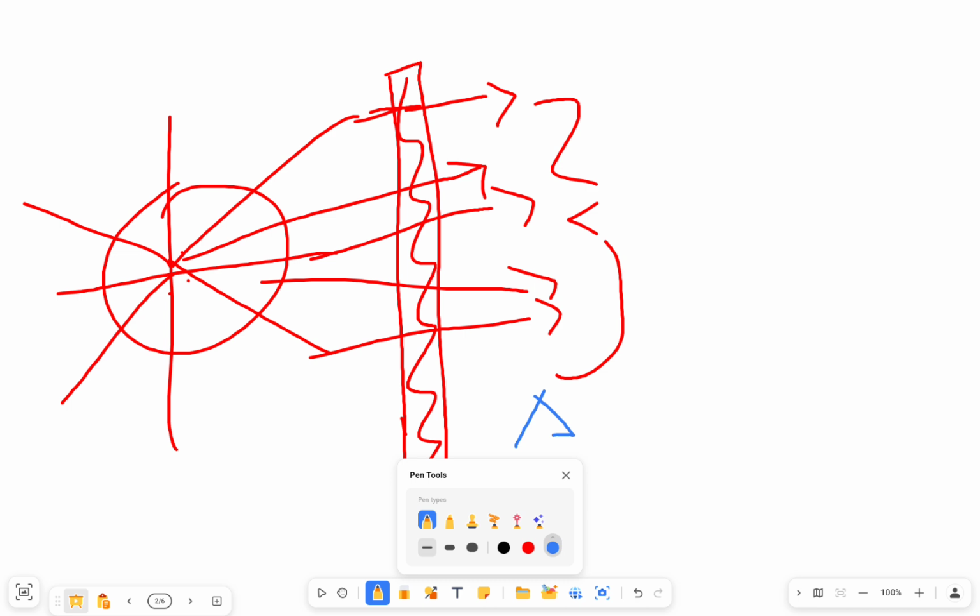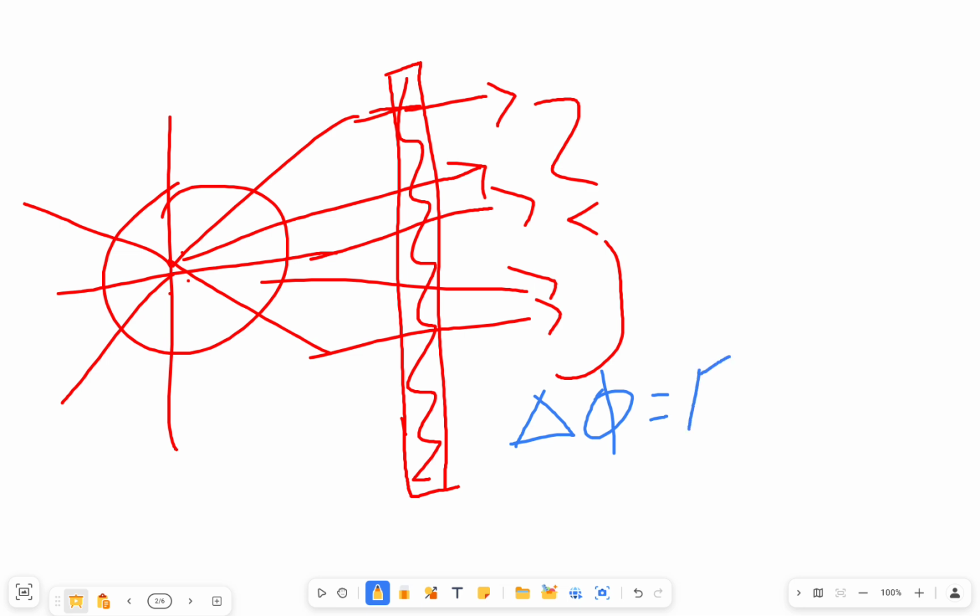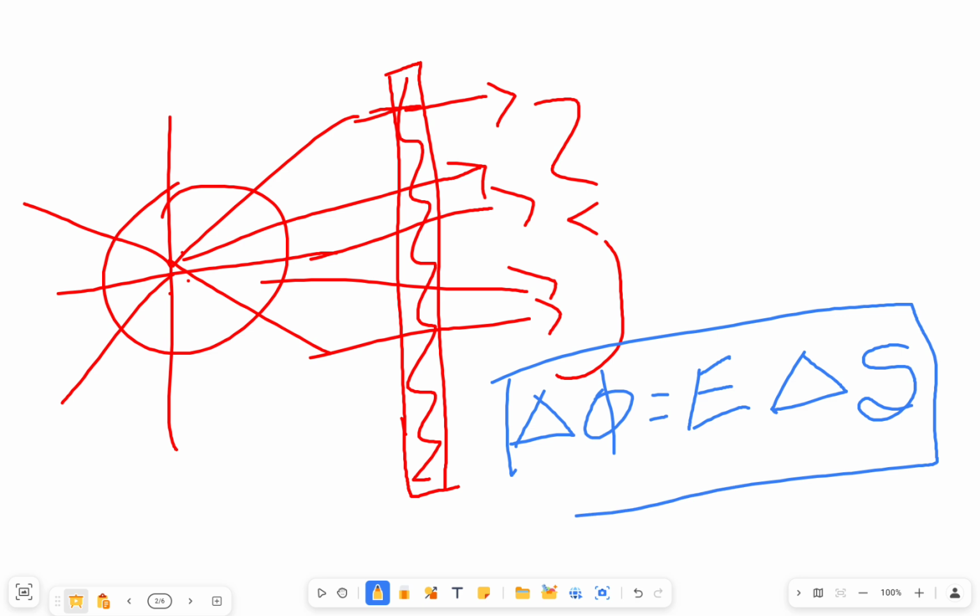Its formula is del phi is equal to electric field, means the electric field that is passing through the surface, into the complete surface area of that object through which those electric field lines are passing. Means del phi is giving us an idea of the number of electric field lines that are passing through that surface.